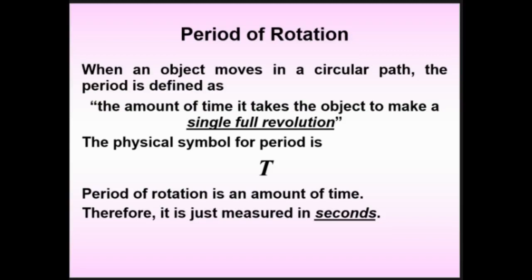Because a period already covers exactly one single cycle. So saying the period of this behavior is 5 seconds per cycle is a redundant statement. You've already said period, which means you're only talking about one cycle. So never say per cycle. Just say 5 seconds, or whatever amount of time.